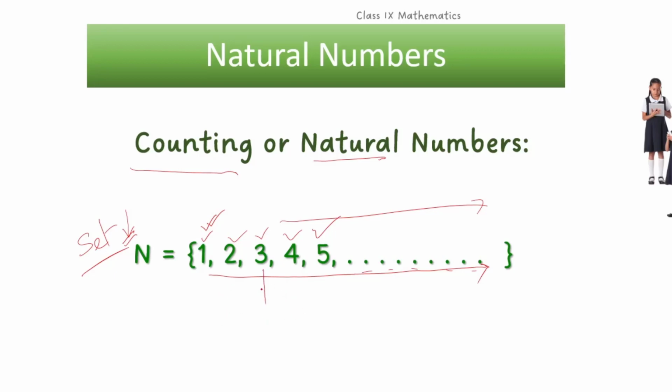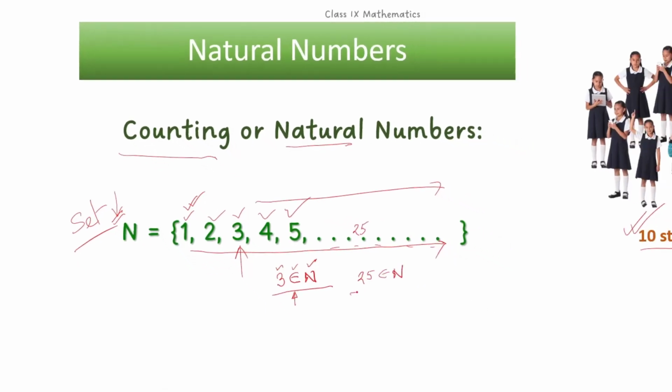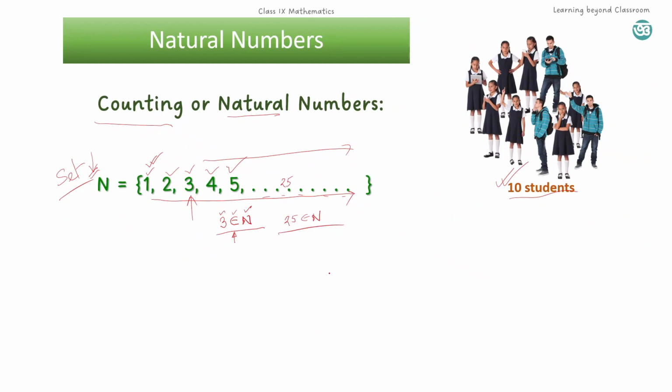So if we take any number, say 3, it is a natural number, so we can write it like this: 3 belongs to the set N. That means 3 is a natural number. Similarly, if we take any number, say 25, within the natural numbers, 25 belongs to the set N. That means 25 is a natural number.